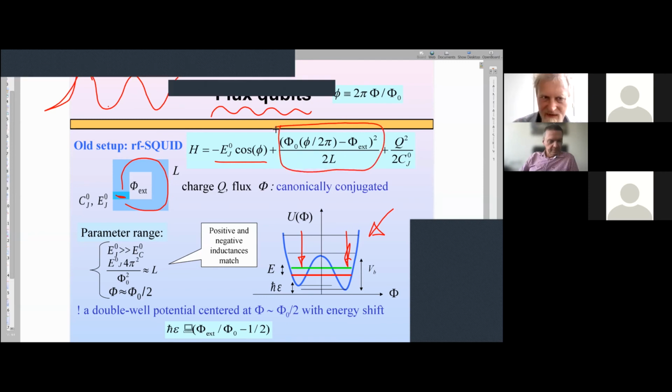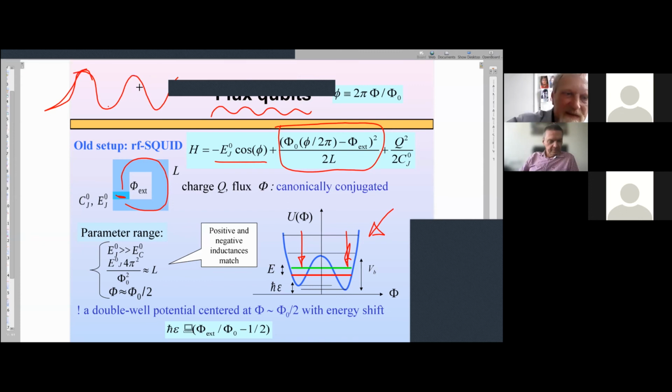And then one chooses the inductance in such a way that the negative inductance at this point is compensated by the positive inductance of the loop.